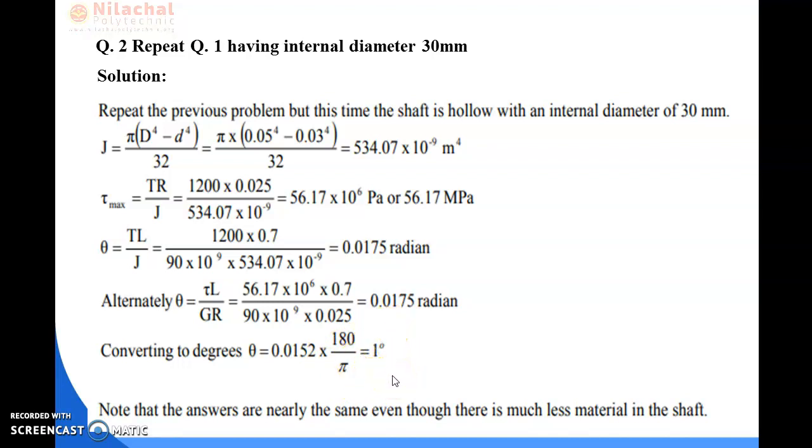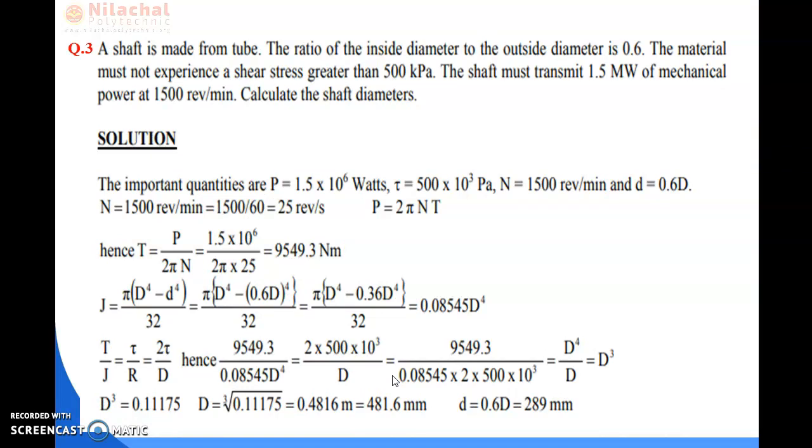Okay. So now we have to solve another problem regarding torsion equation. So here the question is, a shaft is made from tube. The ratio of the inside diameter to the outside diameter is 0.6. That is, the capital D divided by small d is equal to 0.6.